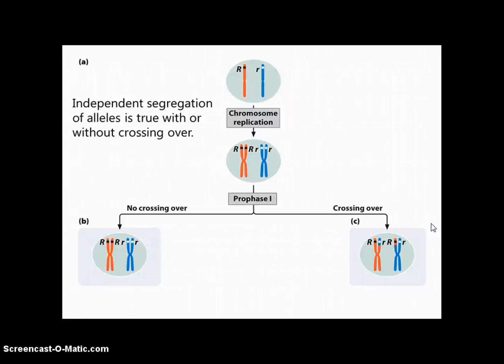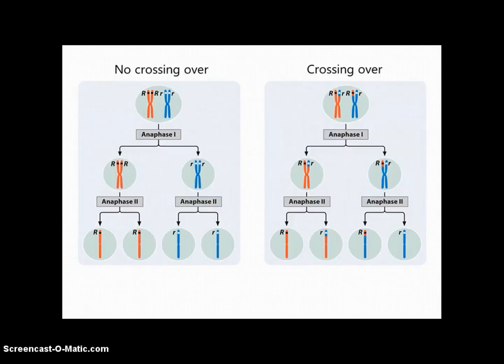But for now, let's just focus on the fact that different chromosomes are segregating into gametes completely randomly and independently. So just to carry this further, the no crossing over still gets you these gametes, 2 big R's, 2 little r's. With crossing over, you still get these gametes, 2 big R's, 2 little r's.